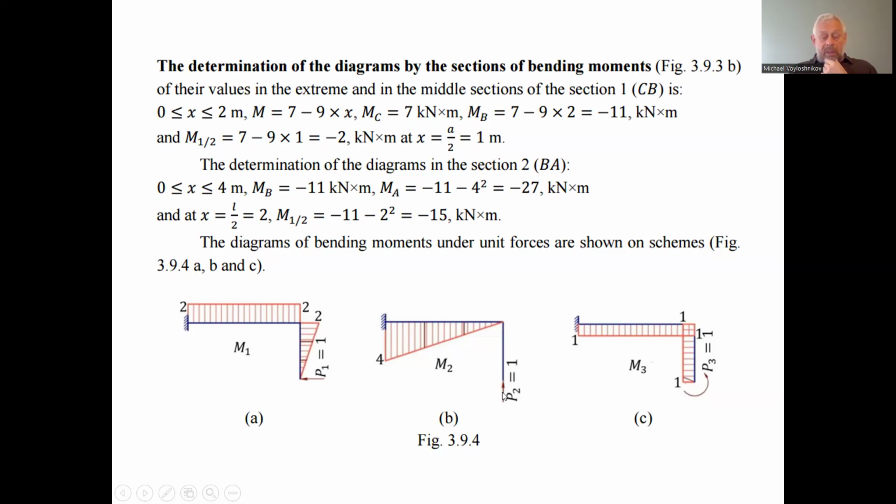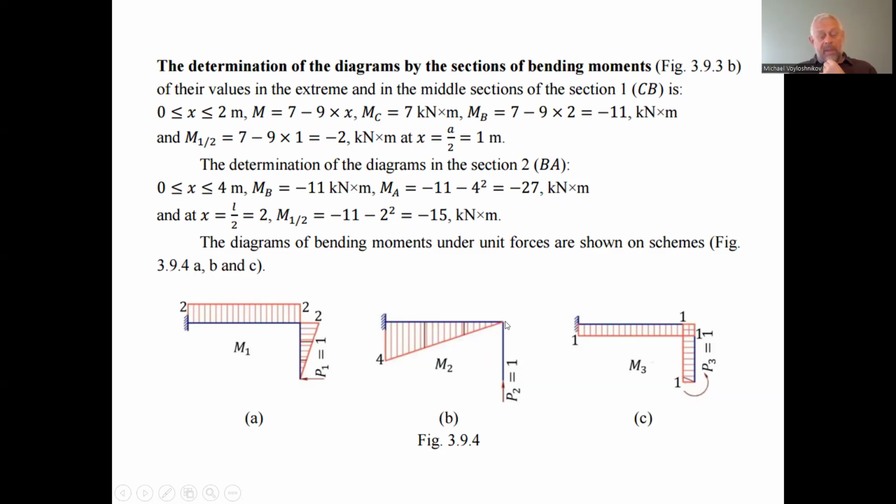For the upward unit force, it does not cause a bending moment in the second element of the mechanical system BC, as the line of action of this force coincides with the element BC, so it does not cause the bending moment.